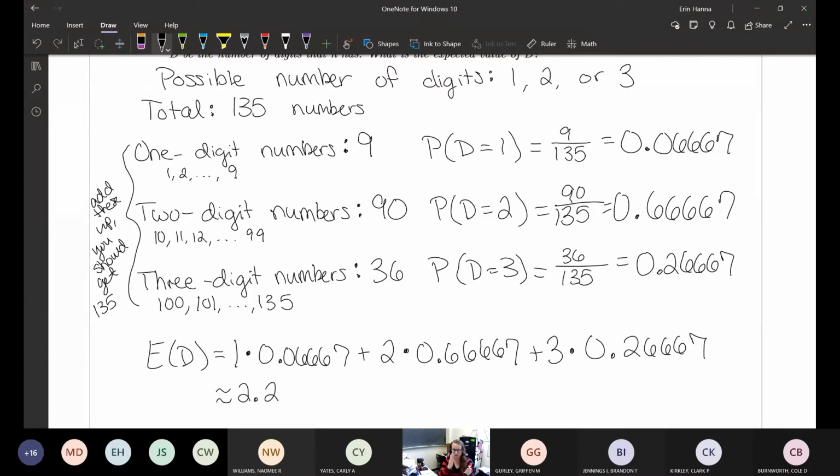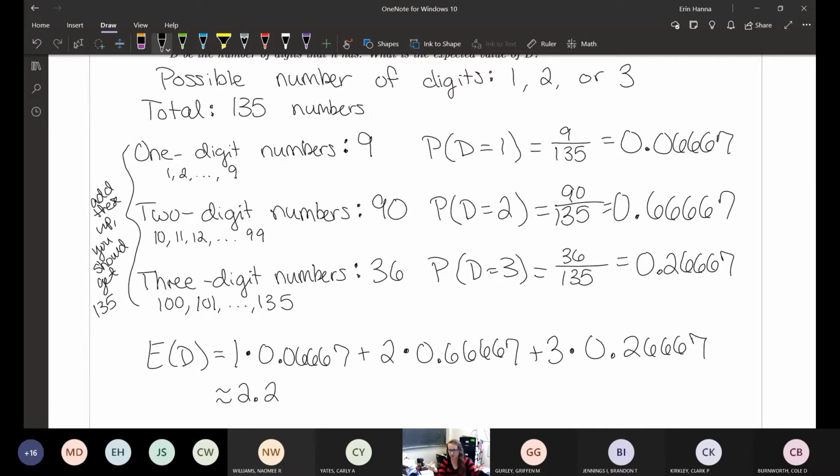So expected value, figure out the kind of options you have for whatever you're finding. Since here we were talking about a number of digits, the number of digits had 3 choices, 1, 2, or 3. And then you find the probability of getting that choice. So say we were rolling a die and we wanted to figure out the expected value of rolling a die.